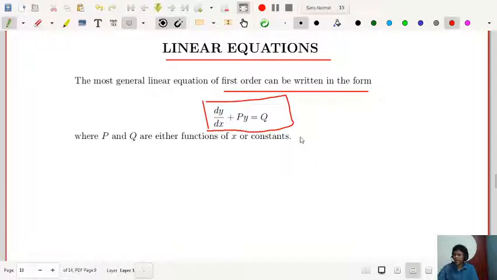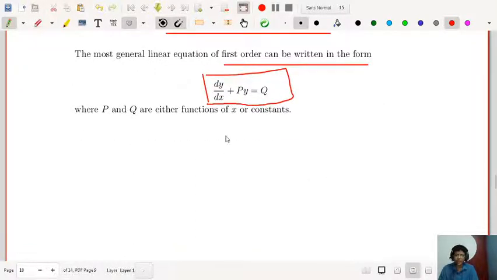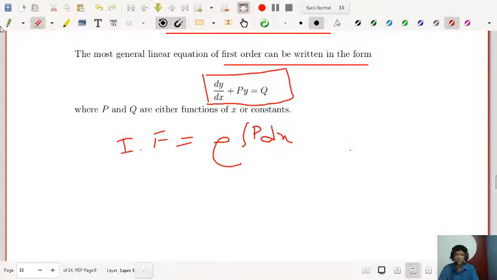If you write this expression in this form, this is linear in y, and in this case your integrating factor will be e to the power integration p dx. This is the standard integrating factor, e to the power integration p dx.